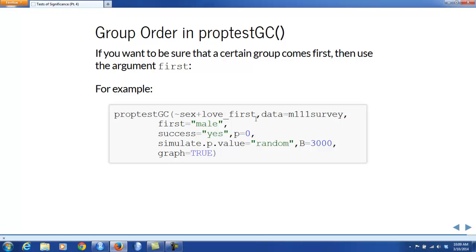If you want the function to honor your conception of what the first population is, then you need to use the argument first in the function. So for example, if you wanted the males to be the first population in this test of significance, say you wanted P1 to represent the proportion of all Georgetown College males who believe in love at first sight, then you would need to set the argument first to male.